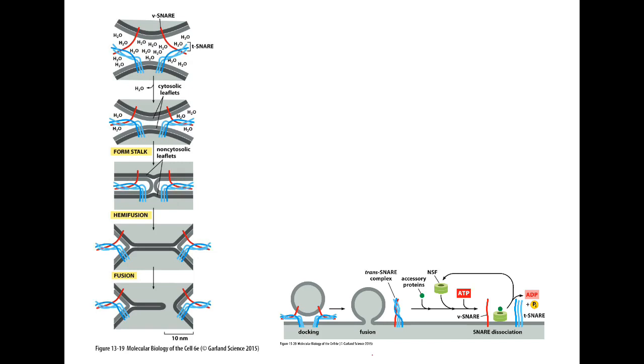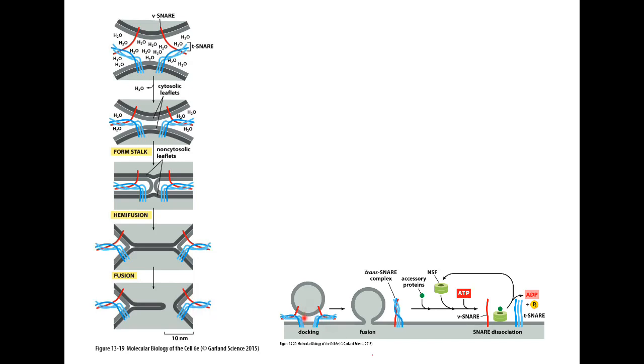As those snare interactions tighten, you end up with an extended region of the luminal membranes, and that leads to their fusion, so that you end up now with the continuous lumen between the vesicle up here and the Golgi down here. And these snares wrapped up in very, very tight twist ties.